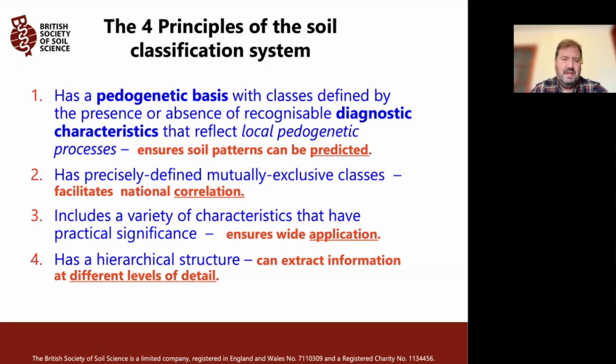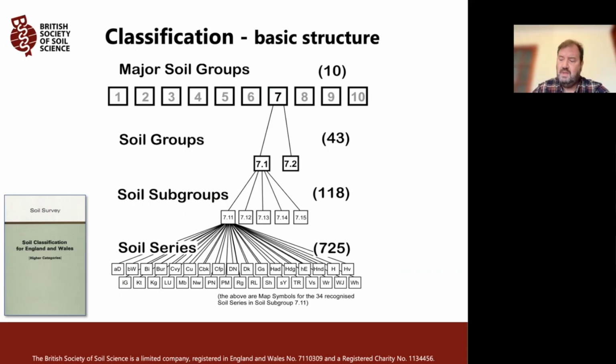Now, the characteristics in the soil also have a number of characteristics of practical significance, and that gives us a number of applications, and we'll come back to that. But let's start to think about the actual hierarchy of the system.